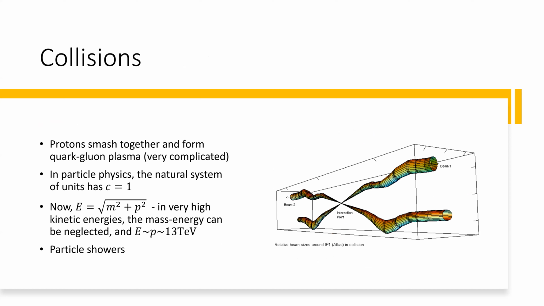In the Large Hadron Collider, proton clusters smash together, and once they smash, they form something called quark-gluon plasma in the interaction point. It's perhaps too complicated to completely model what happens at this point, but think about this in terms of conservation of momentum and conservation of energy.